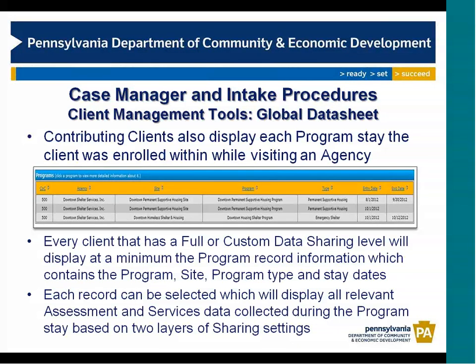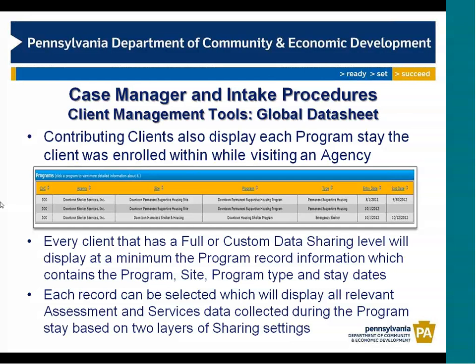Depending on their individual settings, those are the global settings for what information is displayed on the global sheet. So for a particular client, if they've turned off income or a couple health elements, when you click on any program record, that specific information won't be shown because the client doesn't want it to be shared.